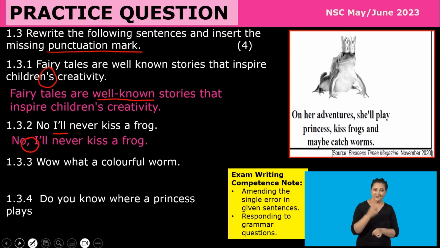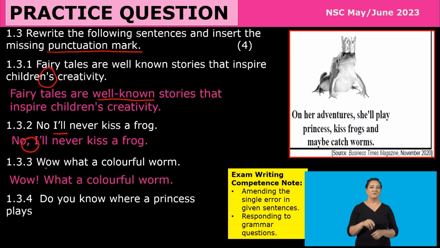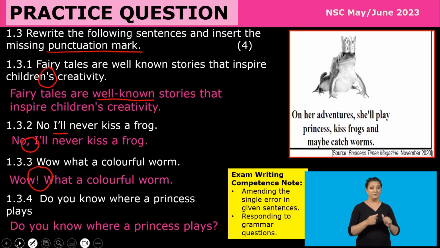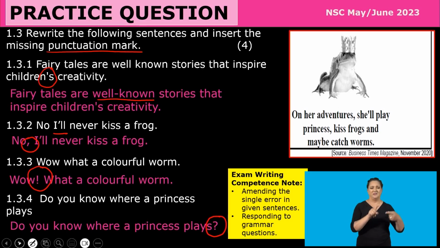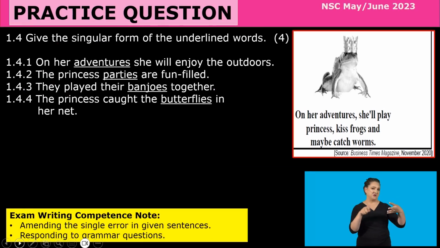Look at the exclamation in my voice, and there we see it identified in our response, okay? Do you know where a princess plays? All right, can you denote from my reading that we need a question mark, all right? So that was 4 easy marks in the bag for you.